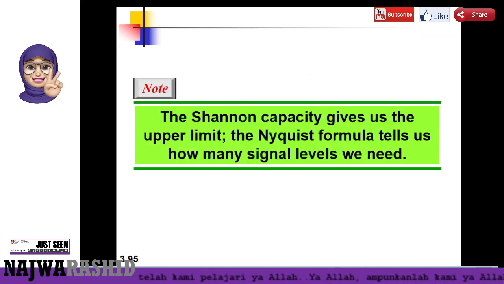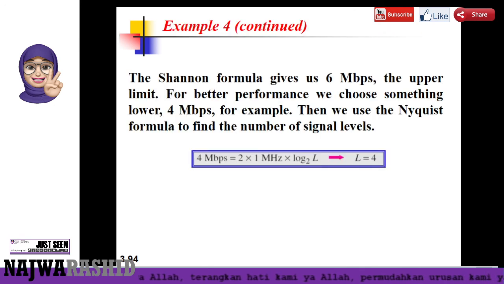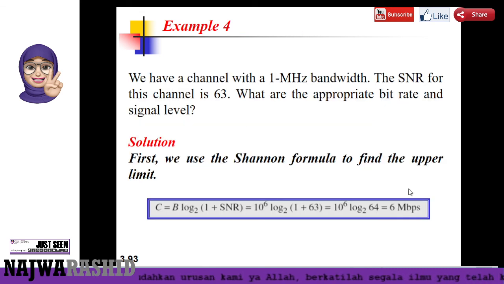The Shannon capacity gives us the upper limit, the benchmark for how much data we can send, and the Nyquist formula tells us how many signal levels we need. Right, so that's all for the data.